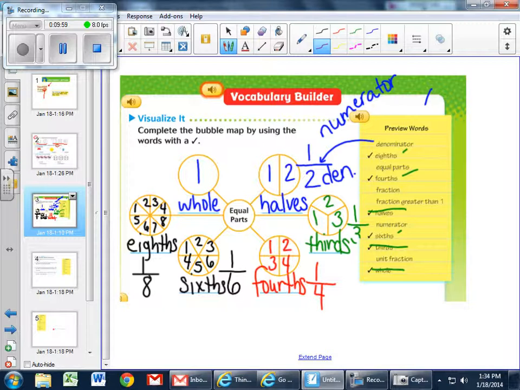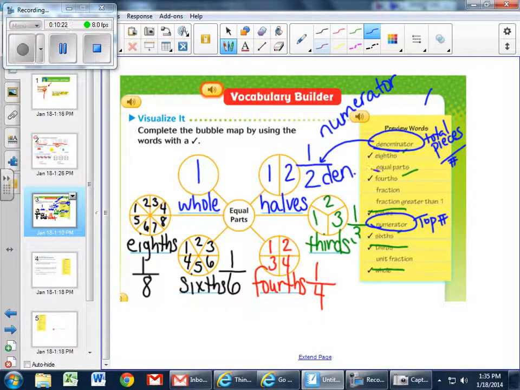Okay, so we've talked about the fraction words. I talked to you about the denominator, and we talked about the numerator. The numerator is your top number. The denominator is your total pieces, and it's your bottom number underneath your fraction bar.